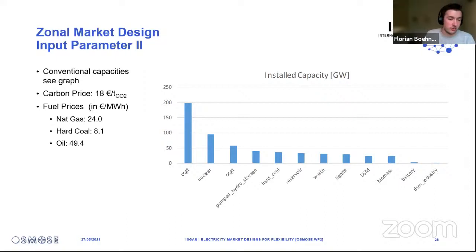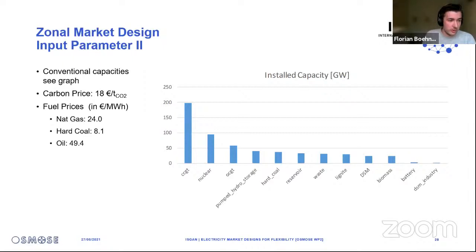Also, we have a large share of nuclear power plants, and we see a somewhat expected decline in capacities for hard coal and lignite. Other than that, you can take away that we have a comprehensive input for all relevant technologies that we can use in our model, which we receive from WP1.